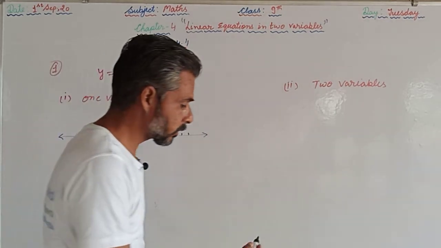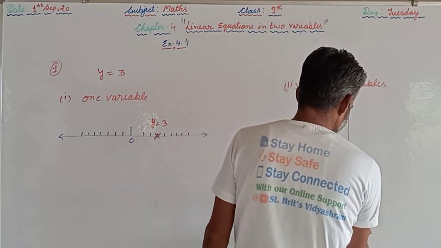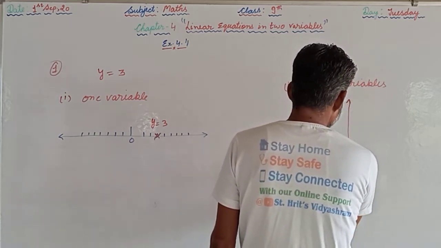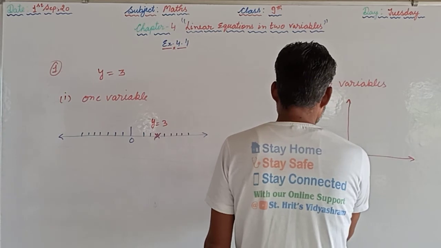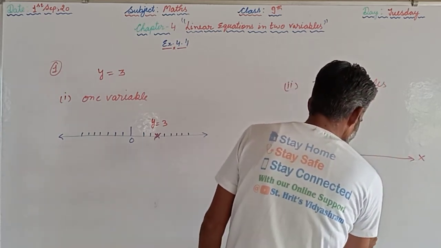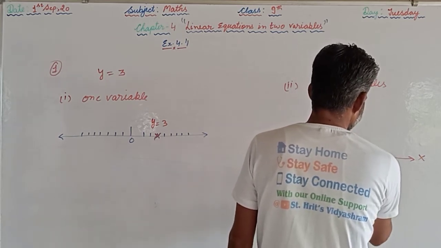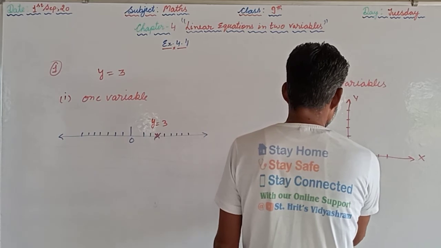Now in two variables, we have to plot the graph in which this is the x-axis and this is the y-axis. 1, 2, 3, 4, 5 on each.